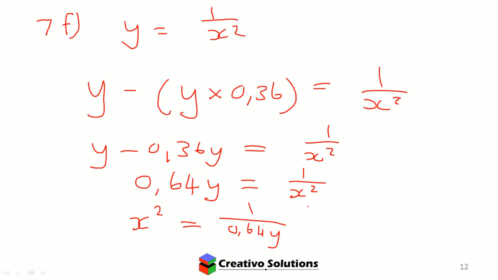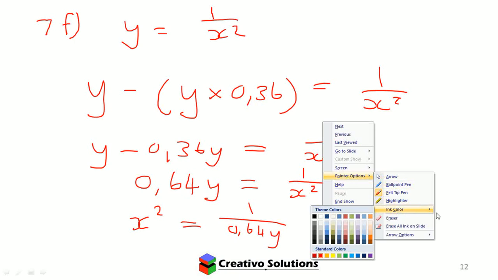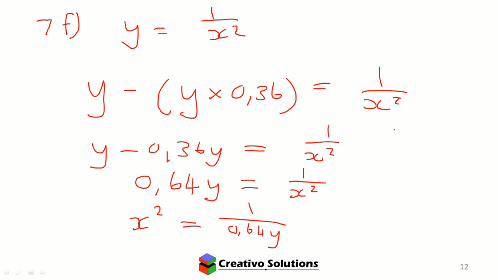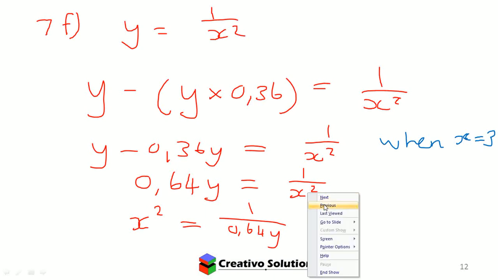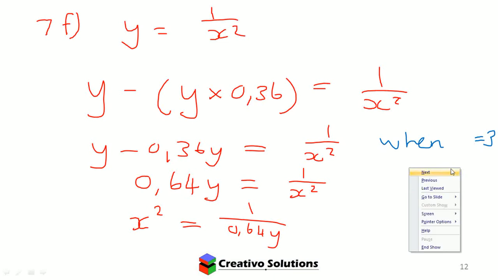So let's choose an x of, let's use different colors just to show this. I'm going to say when x equals, let's use 3 again. Actually, I should choose y's, not x here, because they asked you for the change in the other variable, not this one.